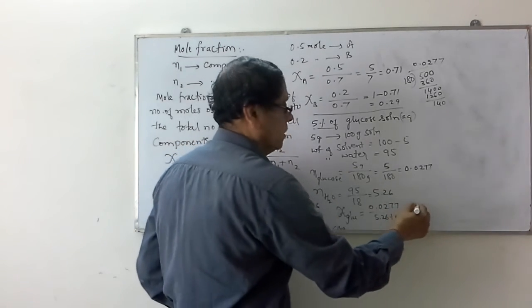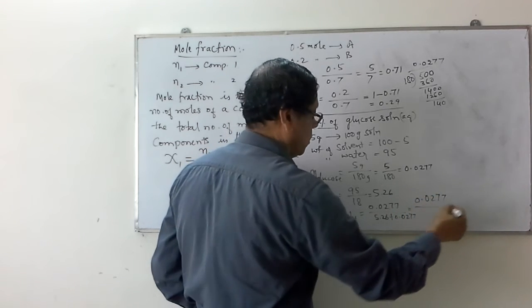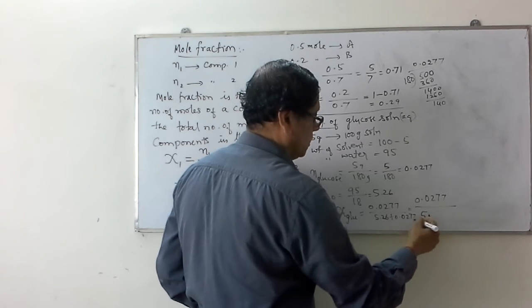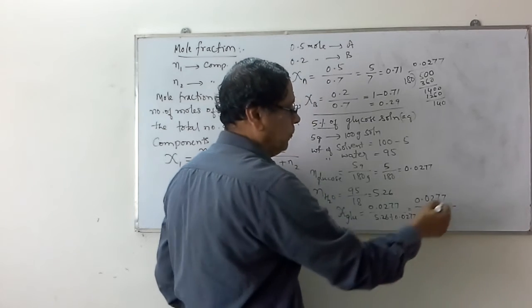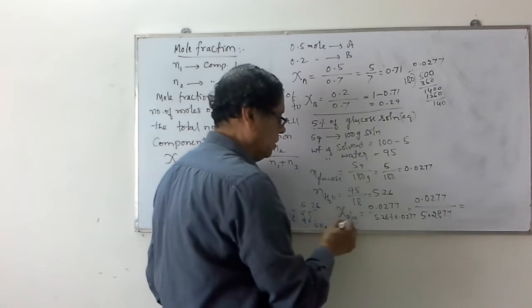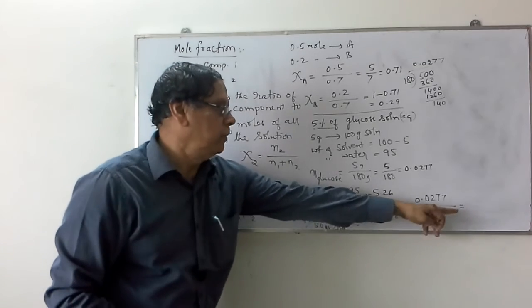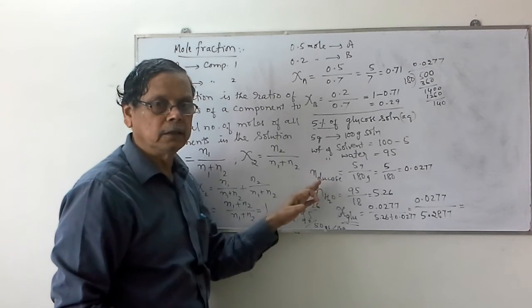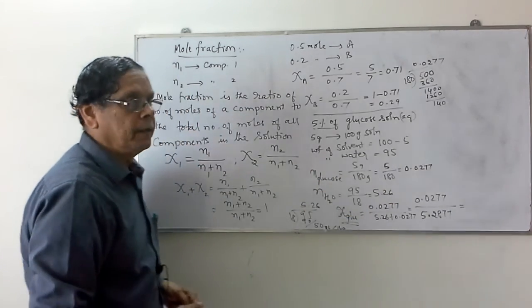So it will be 0.0277 divided by 5.2877. If you simplify, this will give the mole fraction of glucose. Subtract this value from 1, and you will get the mole fraction of water. That remaining part you have to simplify.